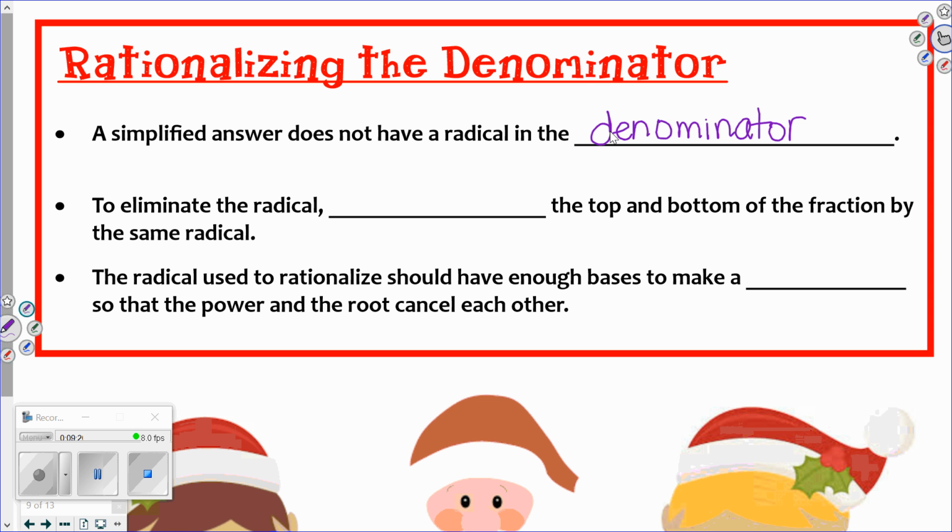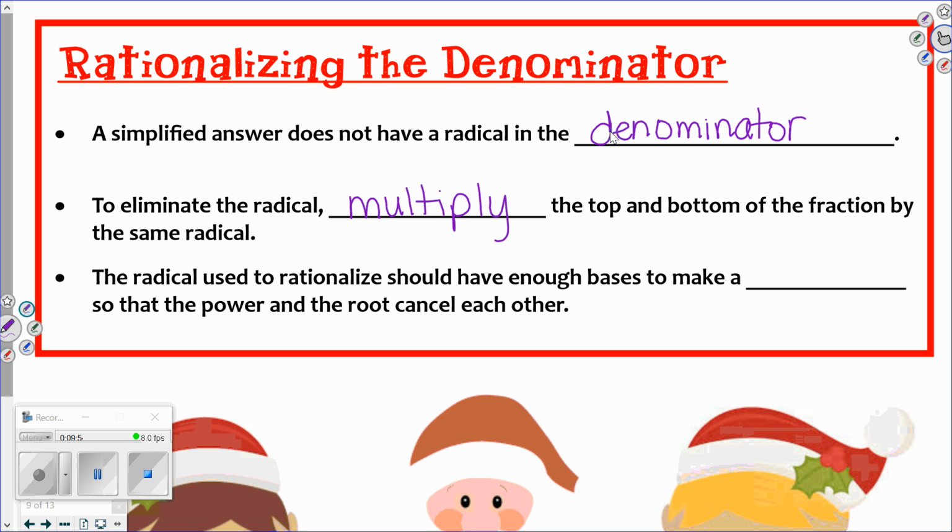To eliminate the radical, multiply the top and bottom of the fraction by the same radical. Right, we always multiply top and bottom by whatever the radical is. We always do top and bottom, right? Same thing. Now, why this is harder is because we don't always multiply top and bottom by whatever the radical is on the bottom.